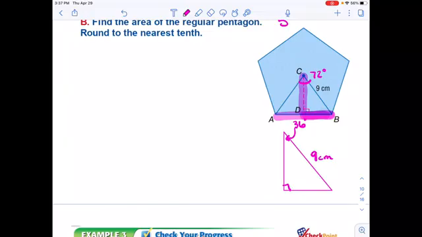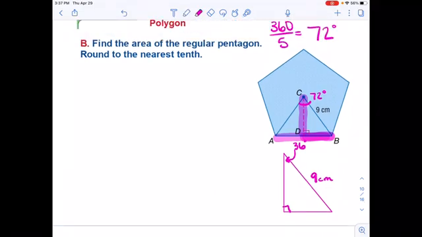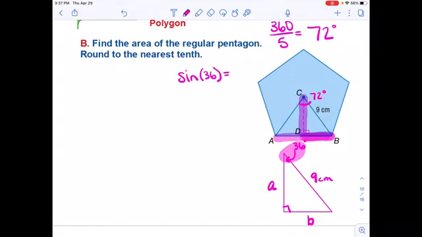It is not enough information to do Pythagorean theorem, so I'm going to have to use some trigonometry. If 36 degrees is my perspective, I am going to use sine to find my base. So I have sine of my perspective, 36, is equal to opposite B over hypotenuse 9.